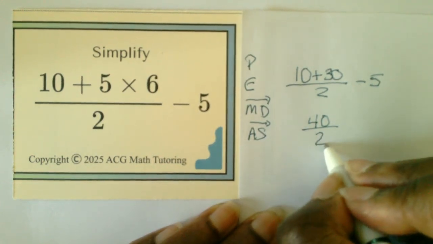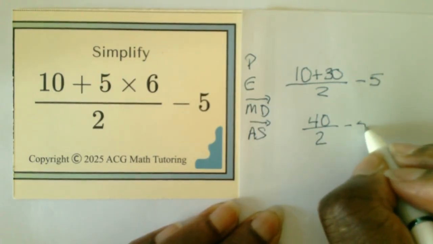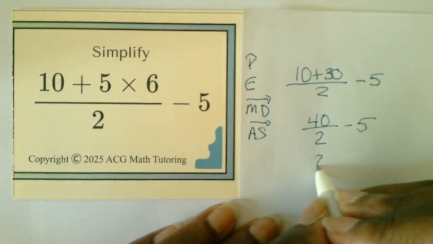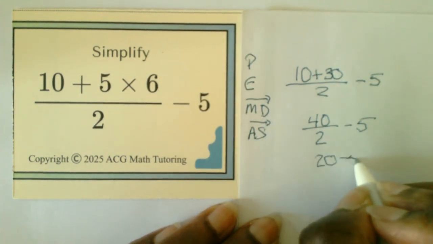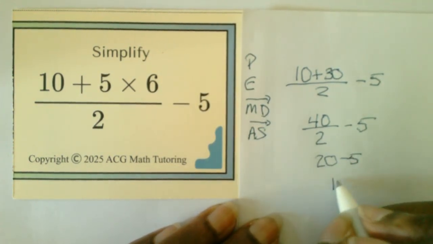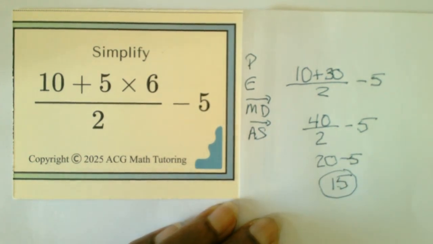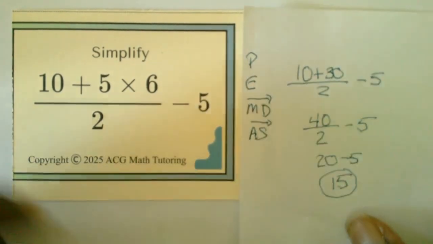So that means we have 40 divided by 2 minus 5. So when we have our 40 divided by 2, we have our 20 minus our 5, which I see a couple answers here from Hetfield and from Kay, which gives us our 15. Alright? So, simple as that.